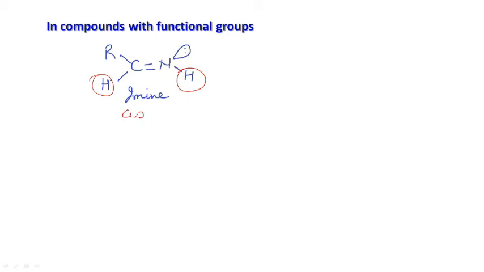But if we decide the priority, if your R is not equal to H, then this will get first priority and this second priority, and please remember the lone pair of electrons always gets the least priority, so this will get priority 1 and this will get priority 2. So same priority groups are on opposite sides, therefore this molecule is designated as E. So please remember that cis is not always designated as Z, it can be E. So both can be different.